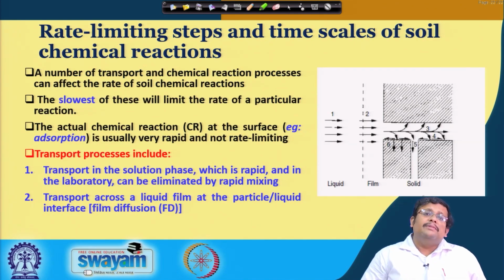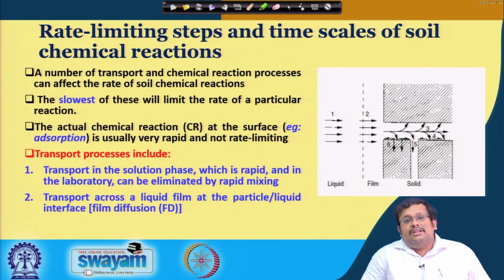Now, first we will be talking about rate limiting steps and time scales of soil chemical reactions. So, a number of transport and chemical reactions can affect the rate of soil chemical reactions. So, the slowest of this transport process will limit the rate of a particular reaction.